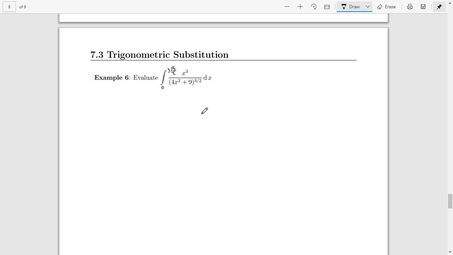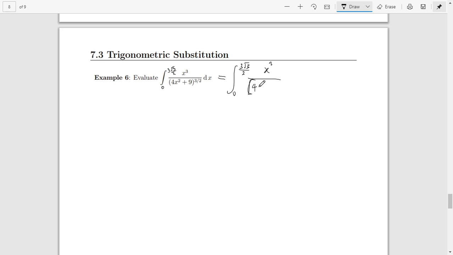So to do that, we can write this integral so that I have x squared plus something squared. How do I achieve that? Well, I can factor out the coefficient of x squared, so it is alone. That means I can write this integral as the integral from 0 to 3 root 3 divided by 2 of x to the power of 3 over, I want to factor out 4 from this.